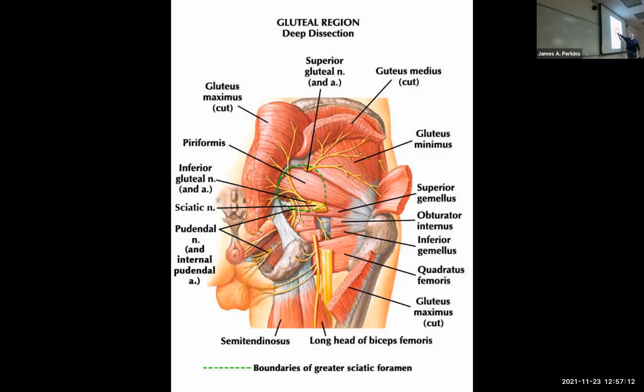If you follow that superior gluteal nerve laterally, almost over to the skin of the hip, you can see that the nerve is entering another little muscle, just lateral to the pelvis. That would be a little bit of tensor fasciae latae, which is visible over there. I'll point that out for people here on the Zoom. So that superior gluteal nerve is innervating gluteus medius, gluteus minimus, and tensor fasciae latae.